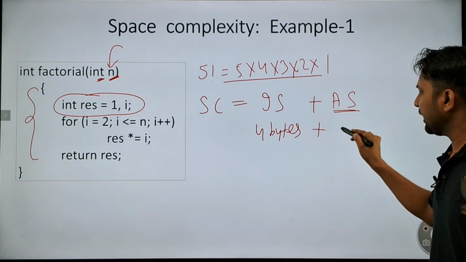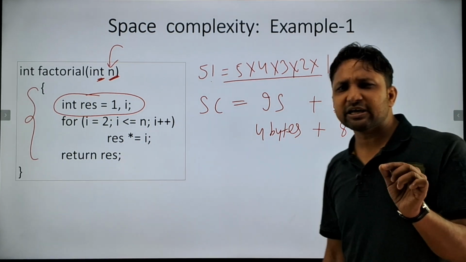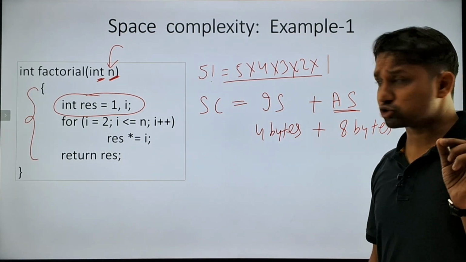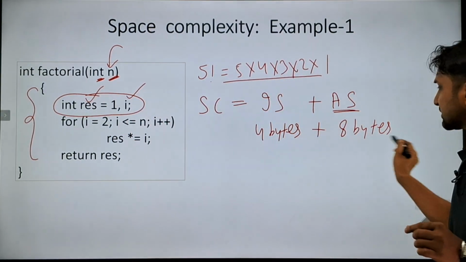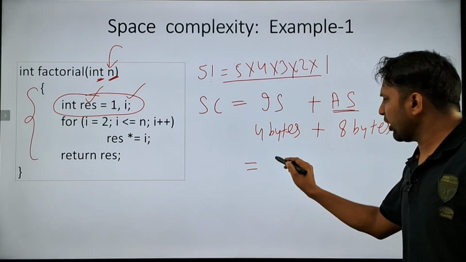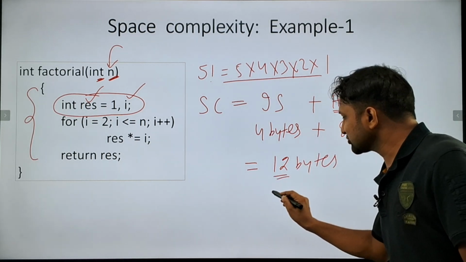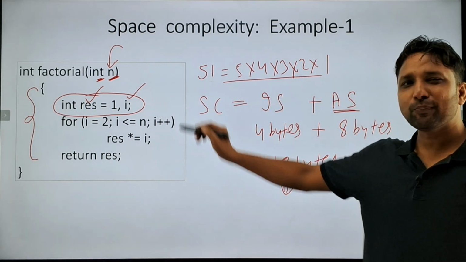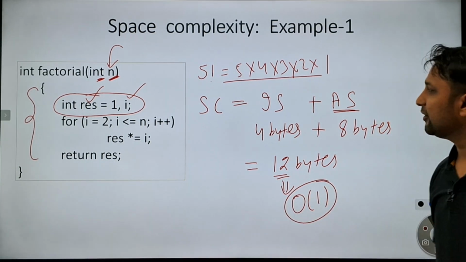So plus 8 bytes. We are assuming that one integer takes 4 bytes to store, and here we have two integers, so together that is 8 bytes. Total space is 12 bytes and 12 is constant. So we can say that the space complexity of this code is order of 1.